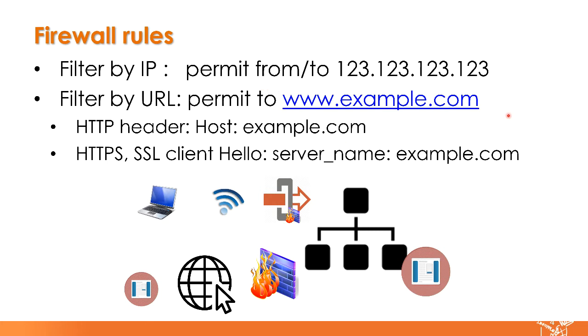So let's look at options of what the firewall has to do to figure out where example.com is. Option 1 would be for the firewall to go ahead and do its own DNS query, get the IP address of example.com, and permit you to that IP address.